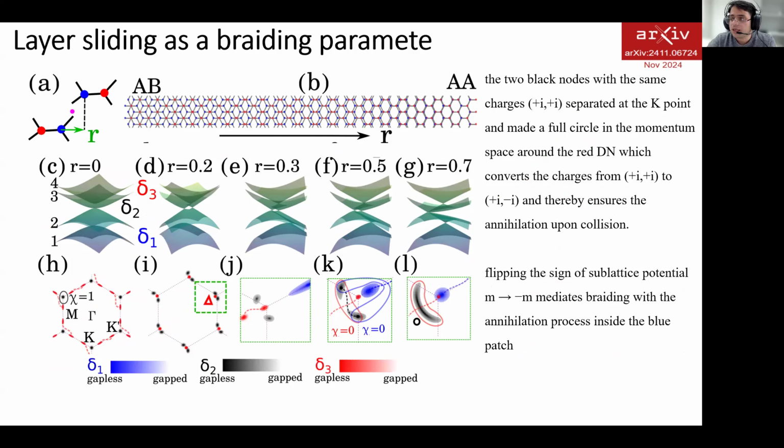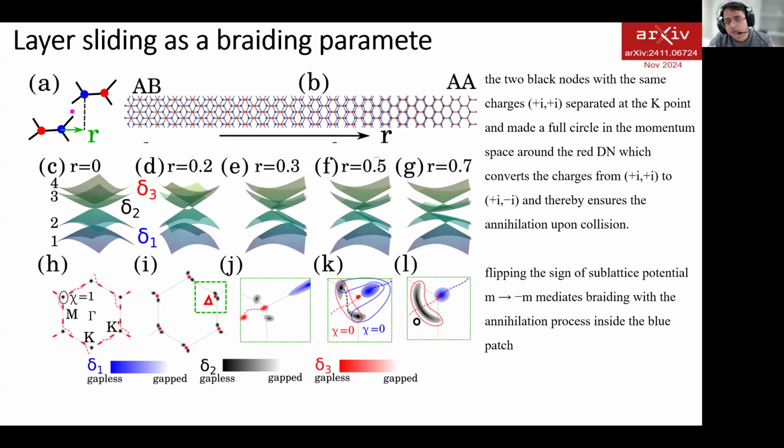Why can this be interesting? Because recently moiré systems have become very interesting in this construction. If you just slightly stretch one layer or rotate one layer compared to the other layer, you can obtain many stackings in that system.